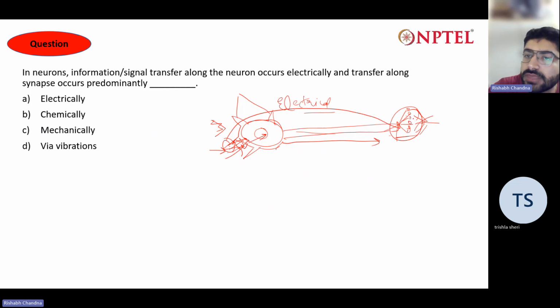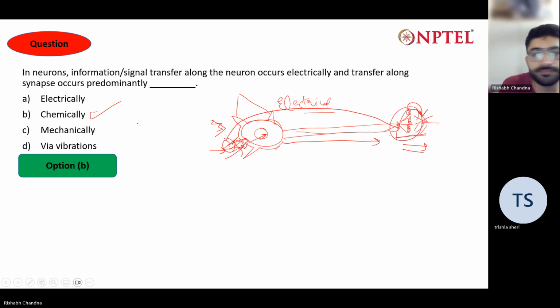So from here, the signal will be transmitted to other postsynaptic neurons using these chemicals. So now the signal is transmitted here chemically. Along the synapse, the transfer of signal occurs through chemical means. So the correct answer would be option B. Okay, so this is how the synapse works.